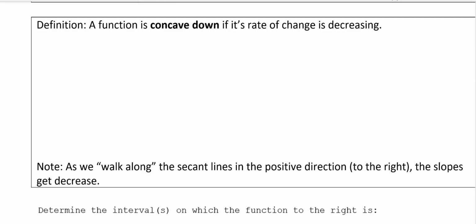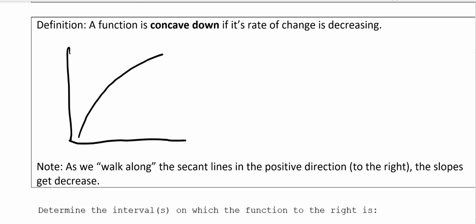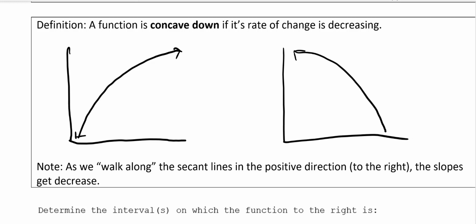And again, we can have two pictures here. We can be increasing and concave down, so something like this, or we can be decreasing and concave down, so a picture like this.